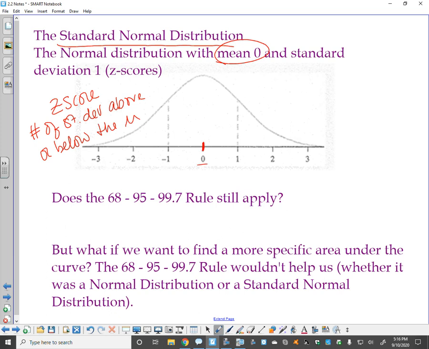He would be a 0 because he is not above or below the mean. He's dead on it. So your mean will always have a z-score of a 0. Then this is 1 standard deviation above the mean, 2 standard deviations above the mean, 2 standard deviations below the mean. Notice it goes to 3 on either side as well.